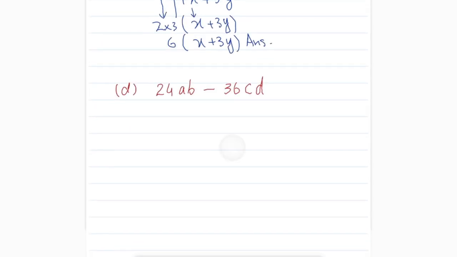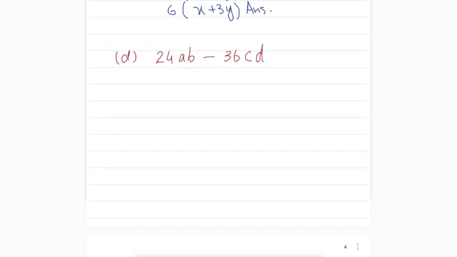Similarly, using the same method, we are applying it on 24ab minus 36cd. So we are using 24ab minus 36cd, and then we'll be looking for the number which is dividing both. Obviously, this is 2. Yes. So 2 12s are 24, ab is there.